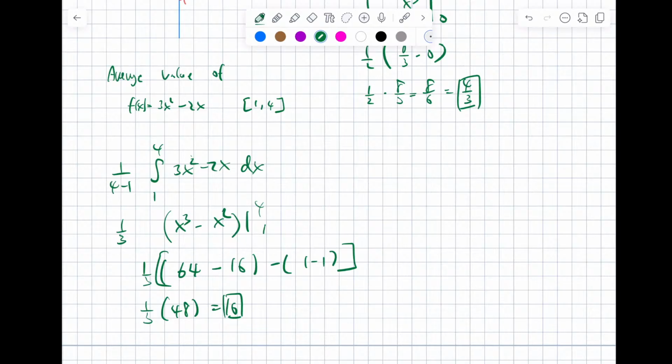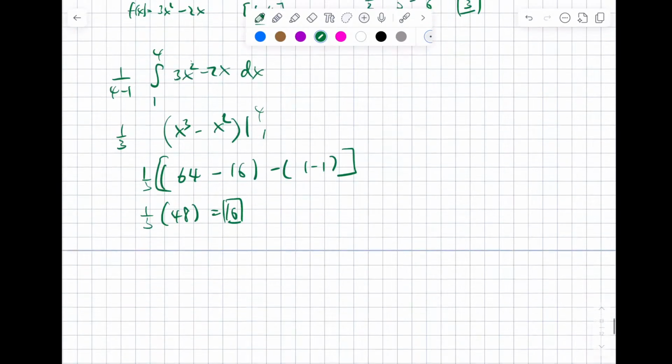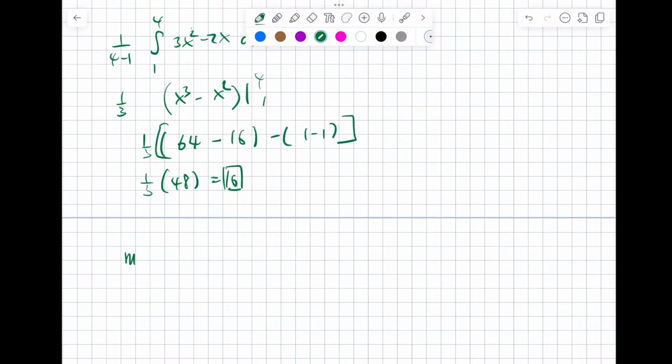Now here's the thing, there's something called the mean value theorem for integrals. Remember the mean value theorem from back then. You have to know it, I asked you about 3 times on the test.